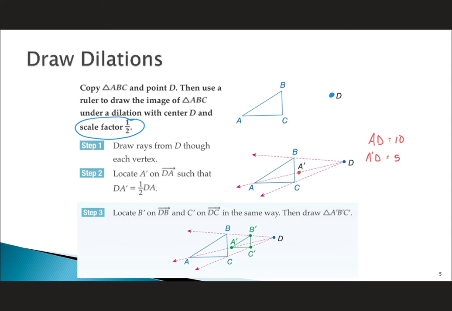Well, if we do that to all of our points, we get this picture down here, where A prime, B prime, and C prime are closer to D. And this is a good image of a reduction, whereas beforehand, that first picture was a good image of an enlargement.